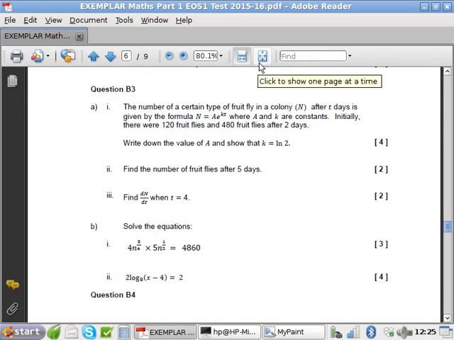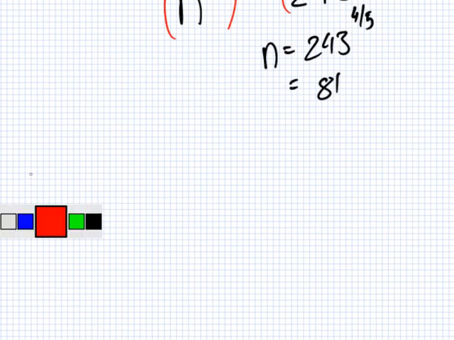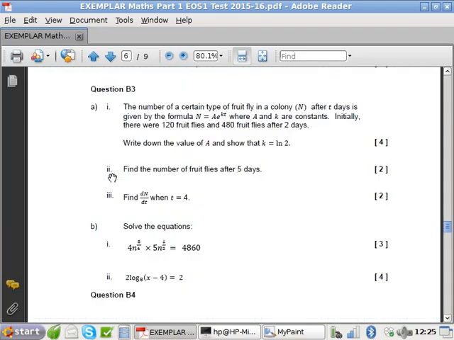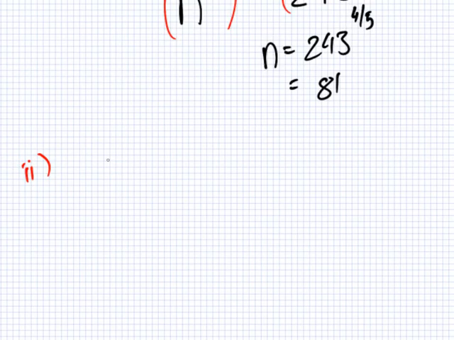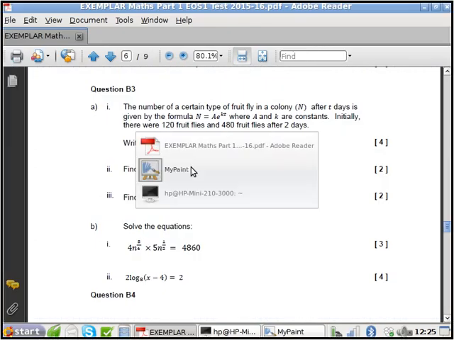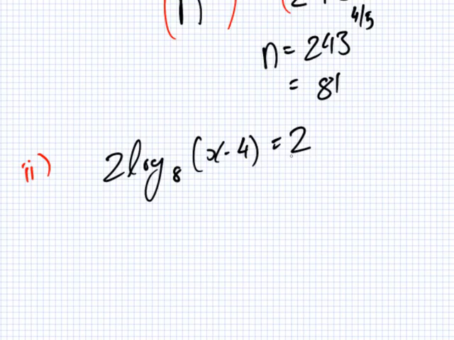Right. The next one is a log equation: 2 log base 8 of (x minus 4) equals 2. Ideas? What to do first?